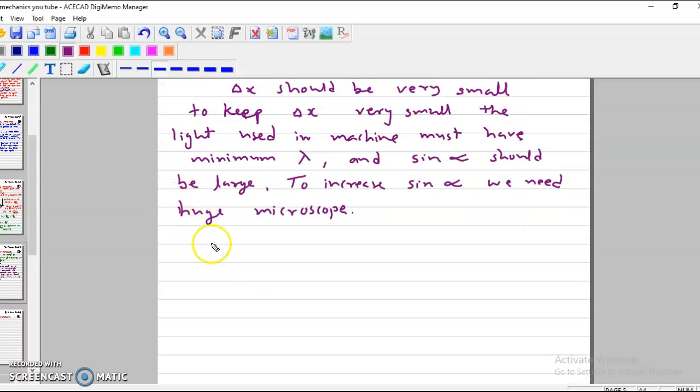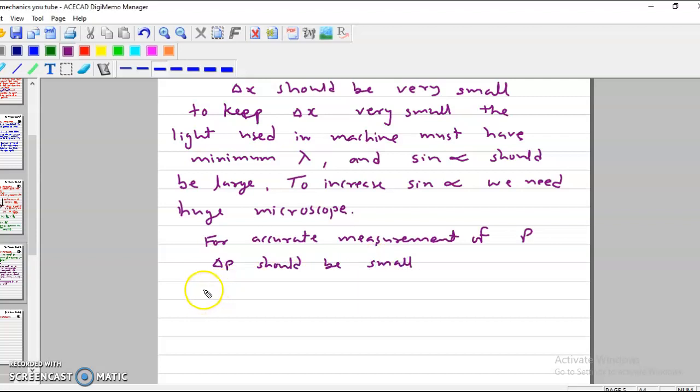And for accurate measurement of P, delta P should be very small. And to decrease delta P, the wavelength should be large.